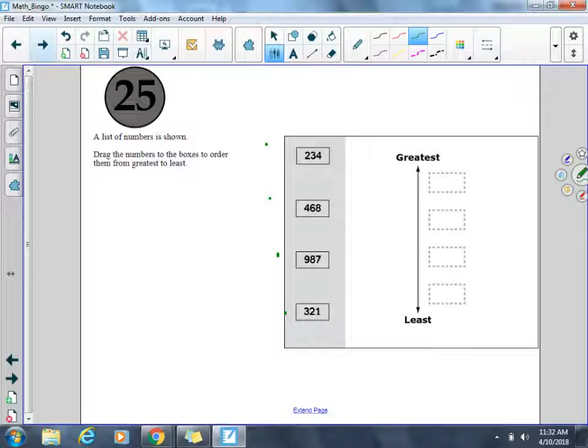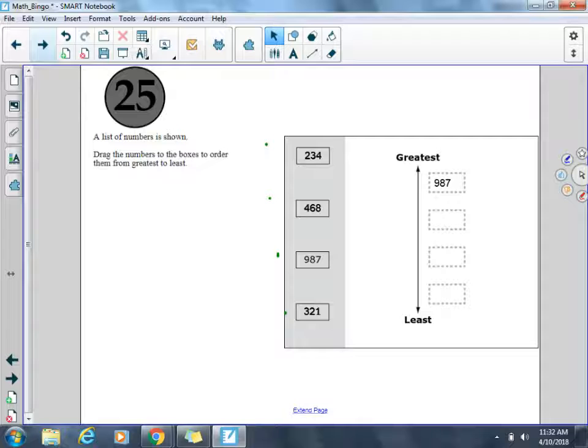So really all I've got to do to figure out which one's the greatest is see which one's got the biggest digit in the biggest place. And we said all of these have digits in the hundreds place, so I've got to figure out which hundreds place is the biggest. When I look at these numbers, the hundreds place that's the biggest is 9 hundredths. So that would be the greatest.